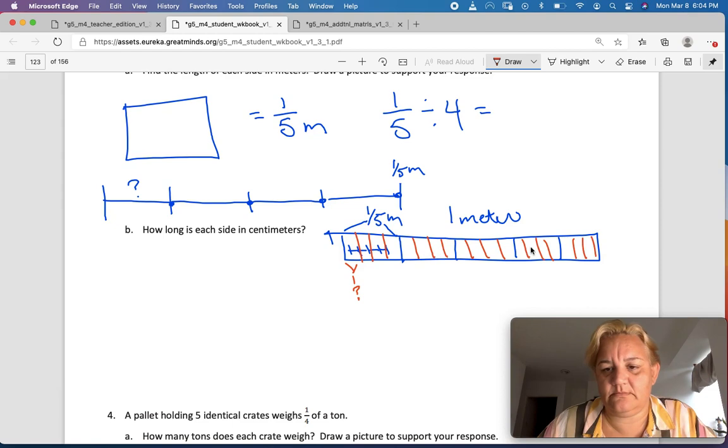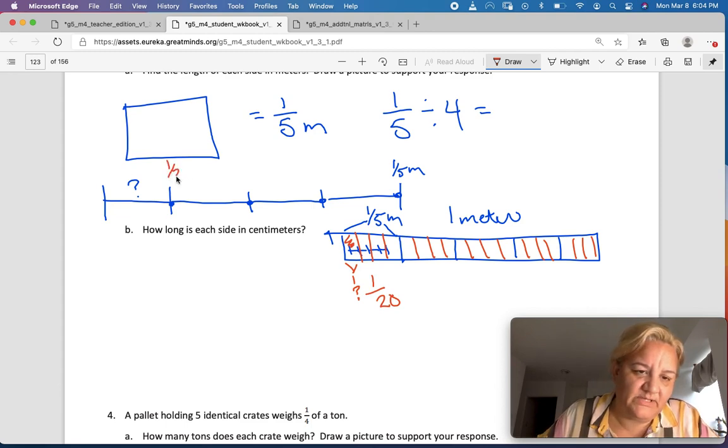Okay, so 4, 8, 12, 16, 20. So this side would be 1/20. So that means that this would be 1/20 of a meter plus 1/20 of a meter plus 1/20 of a meter plus 1/20 of a meter.